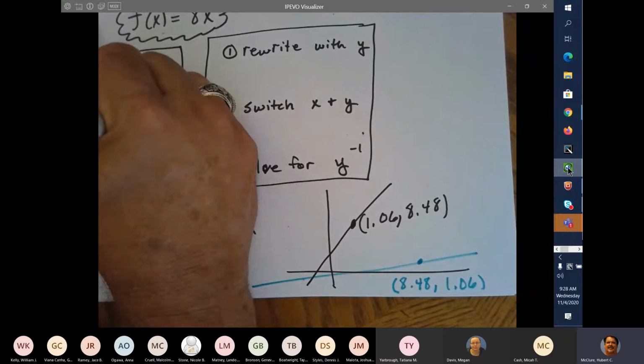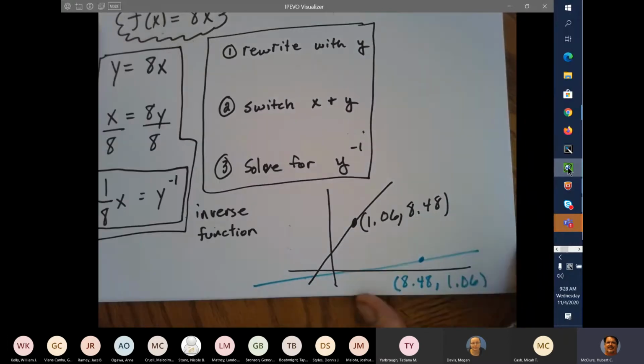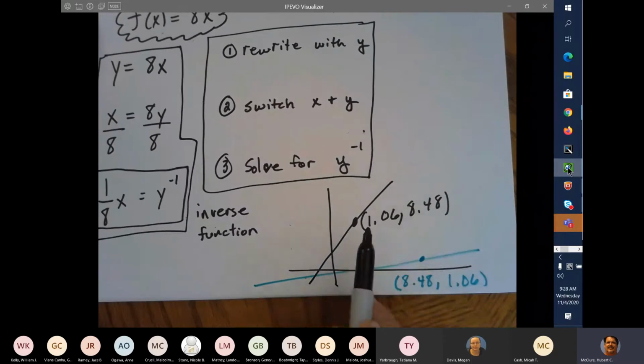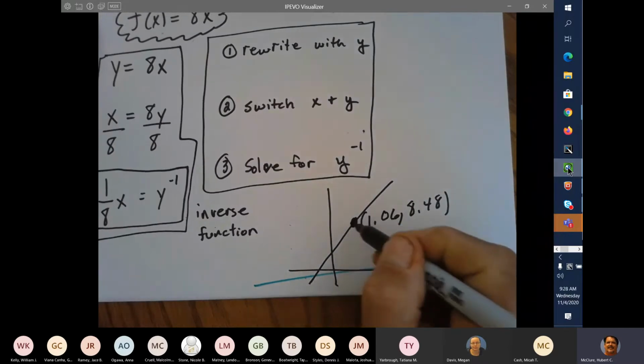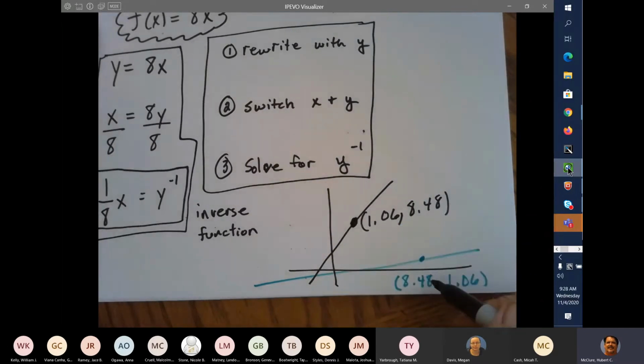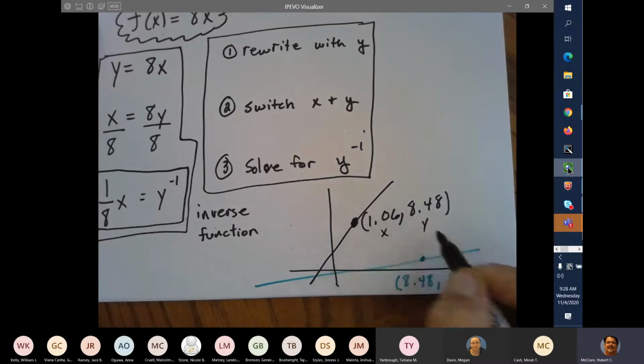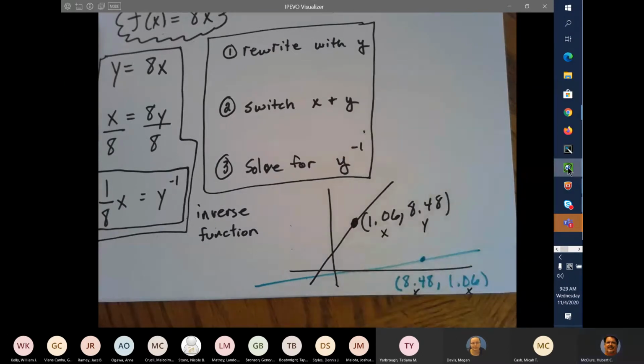That's the first test question. The second test question is to find the relationship between a function and its inverse. And the relationship is this is x, y, and this is flip-flop, technically y/x. Okay, but I don't want to say y/x because it's not. In other words, these switch on an inverse function.